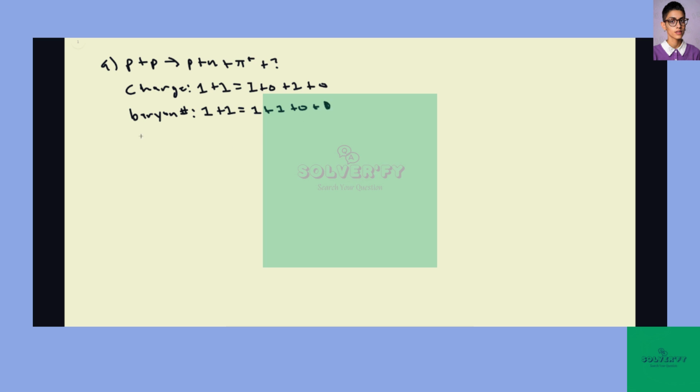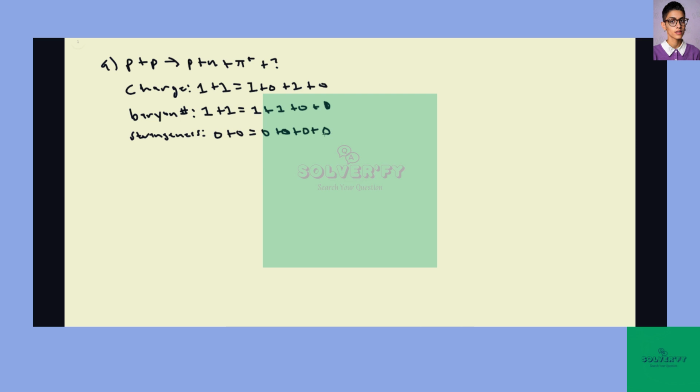Now let's look at strangeness. So strangeness, we have 0 plus 0 is equal to 0 plus 0 plus 0 plus, so it must be made up of up and down quarks and anti-quarks in order to have 0 strangeness.